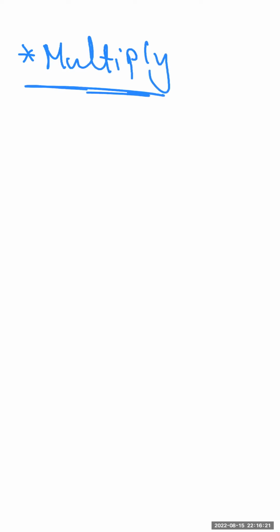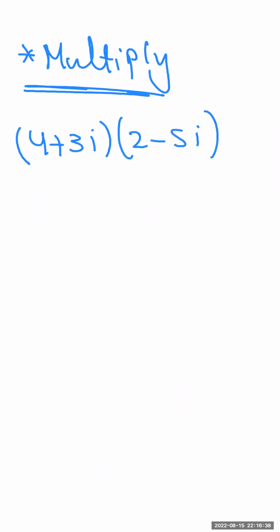Now, multiplication of complex numbers. Actually multiplication, like before, nothing is new totally. Like if I want to multiply 4 plus 3i times 2 minus 5i, two brackets.